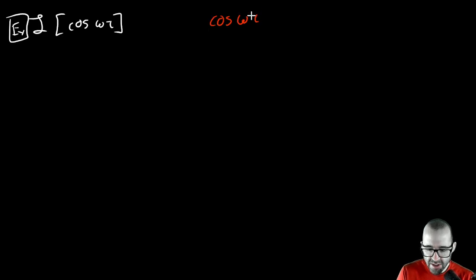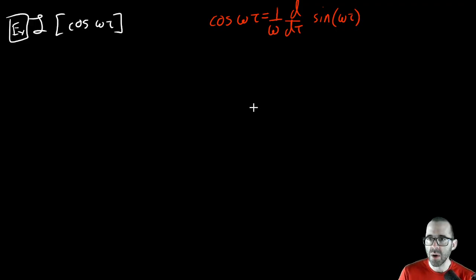that cosine of omega t is the derivative of sine, right? That's just the derivative of sine of omega t, almost. All right, the derivative of sine is going to have us multiply by an omega. So if we really want these to be the same, this is what we'll need. This is true, right?